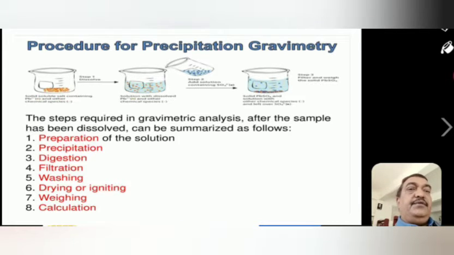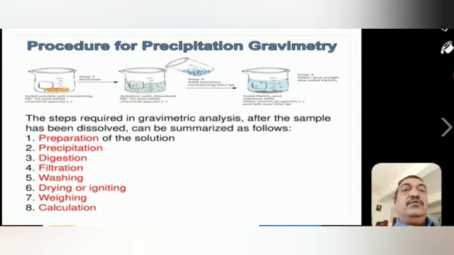The conditions may be the concentration of the precipitating agent or analyte, or generally conditions like pH, concentration and various factors affecting the formation of PPT.